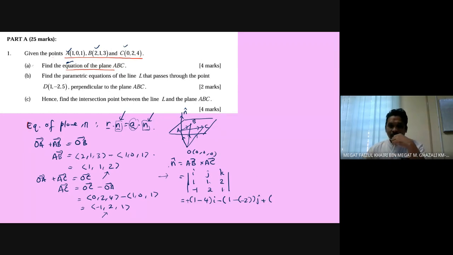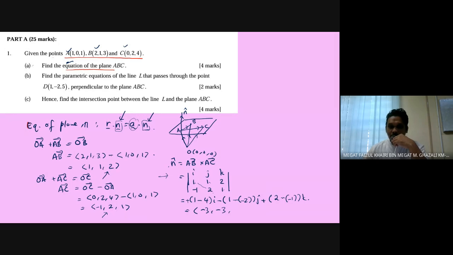Then for k, hide the element of k, so we get 1, 1, negative 1, 2. 1 times 2 equals 2, minus 1 times negative 1 equals negative 1... So then I write it in the simplest form. 1 minus 4 is negative 3i, minus, 1 minus negative 2, negative negative becomes positive, so 1 plus 2 equals 3 times negative, minus 3j.